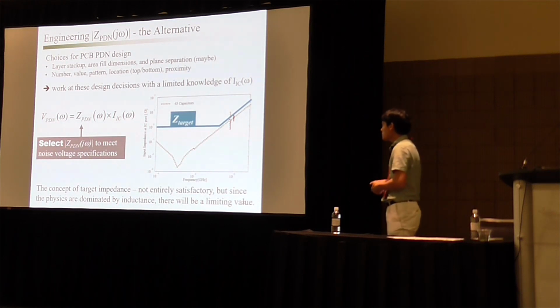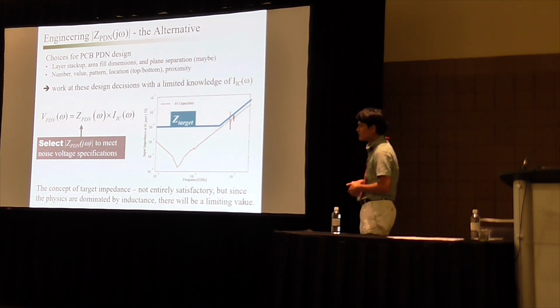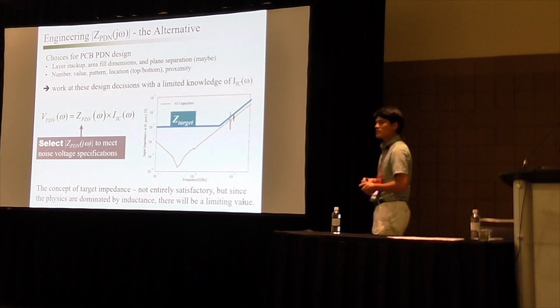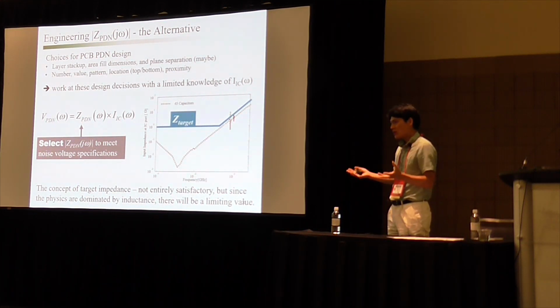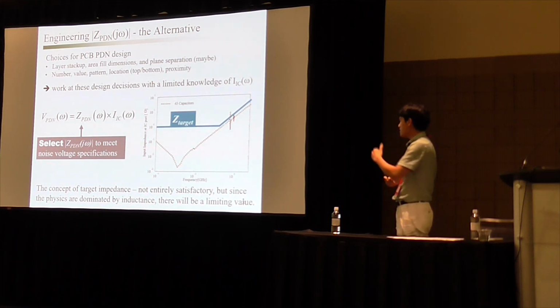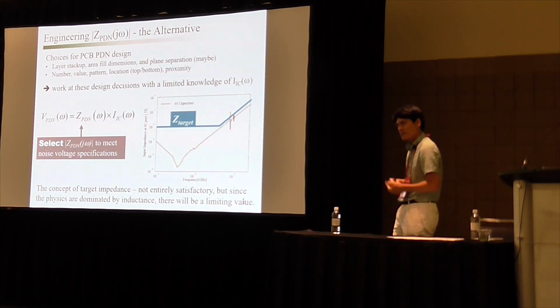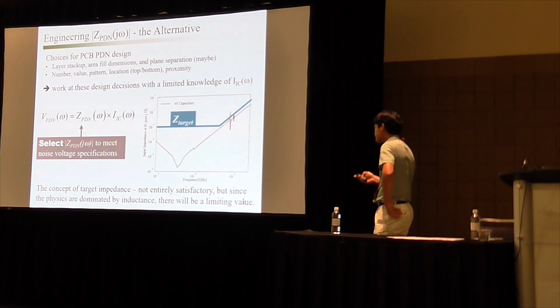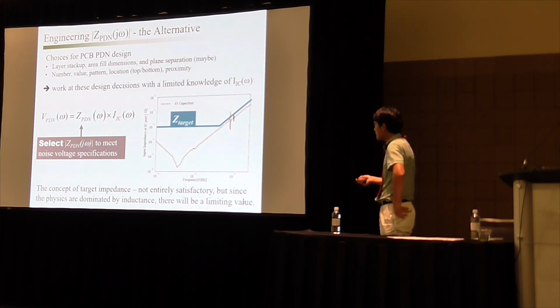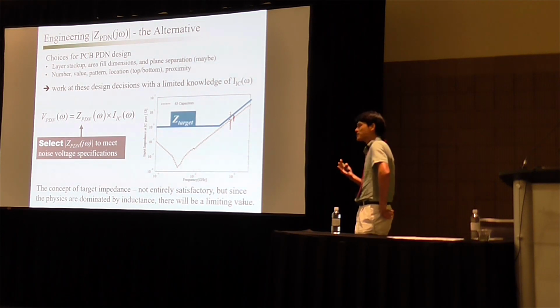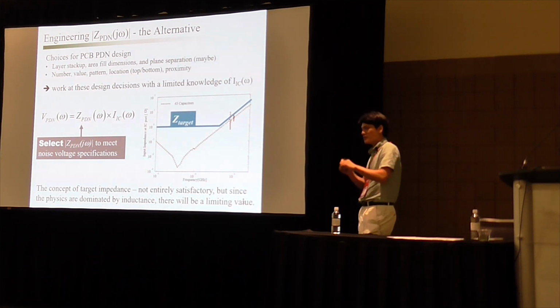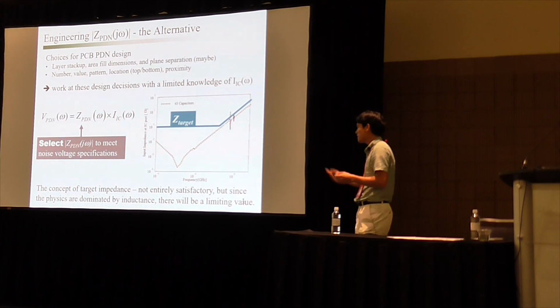So the most common way in industry is using target impedance. First, we define the target impedance, and whatever PCB design can satisfy this target impedance might be set good to go. Surprisingly, there's no actual physics or mathematical background between this target impedance and actual voltage fluctuations, right?